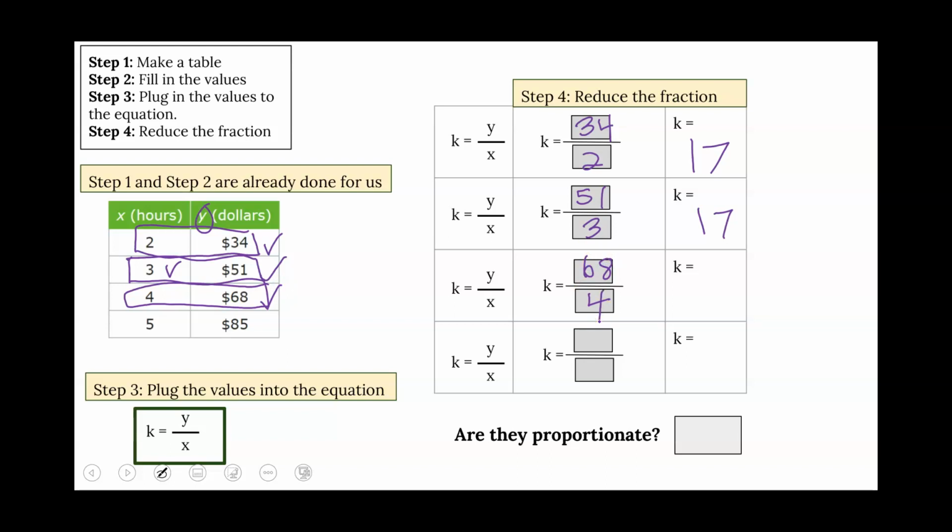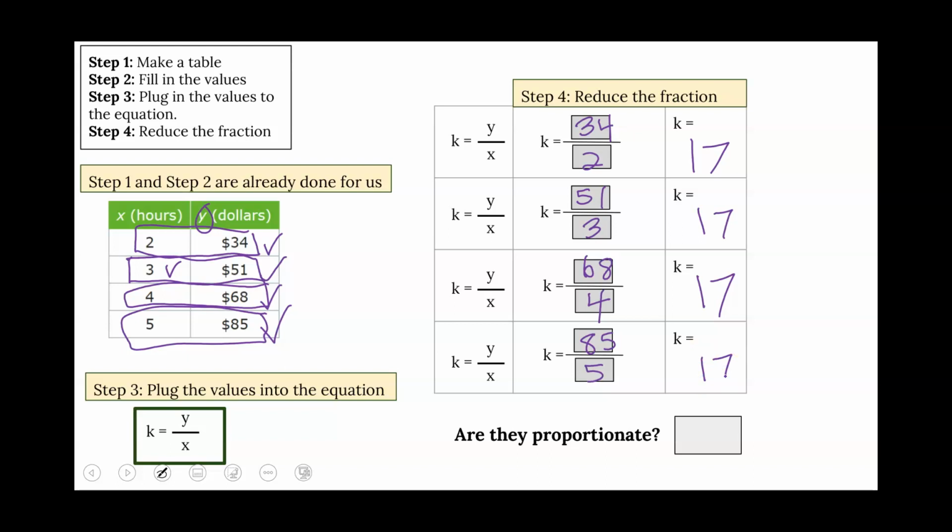In the calculator, we type in 68 divided by 4, and we get 17. Last one, we have our Y is 85, and our X is 5, and 85 divided by 5 is 17.